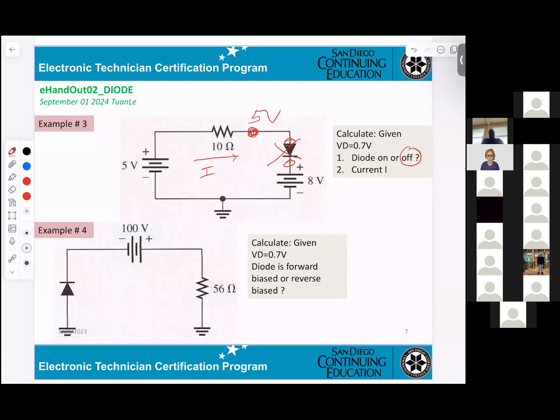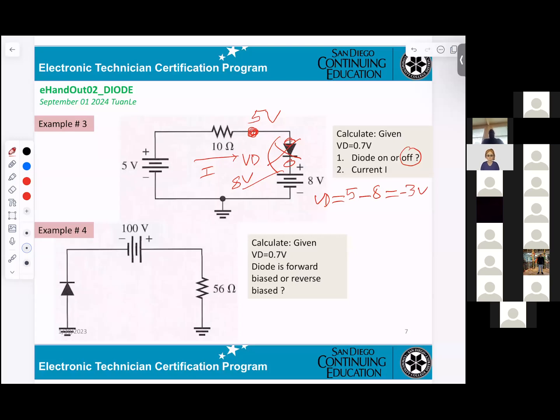The other side here, 8 volt, correct? Now VD, diode voltage, VD equals 5 minus 8, minus 3. That one I got.